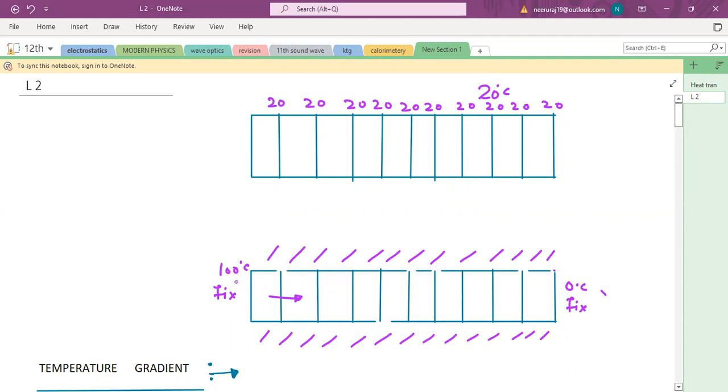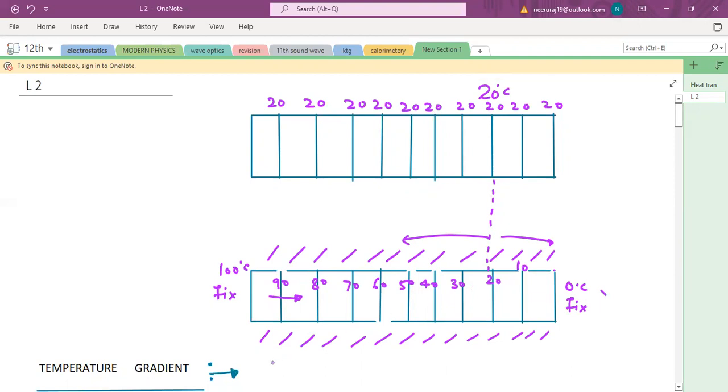Let us assume this layer temperature is 0, this layer becomes 10 degrees, this is 20 degrees, this layer is 30, this layer becomes 40, 50, 60, 70, 80, 90, and 100. So if you see, this layer temperature is as it is, but on this side the layer temperature increases and on this side the layer temperature decreases.